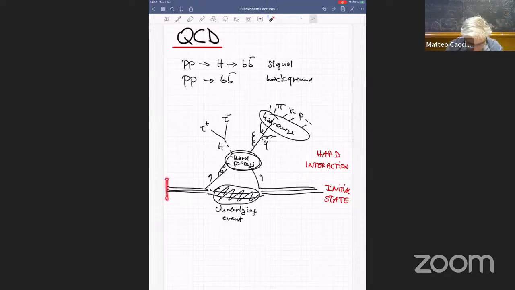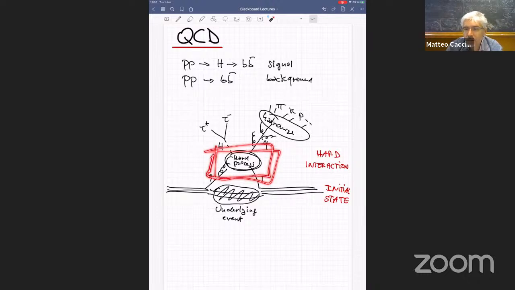Remember, the momenta here are of the order of 1 GeV, the scale of a proton. The proton size, 200 MeV, the proton mass, 1 GeV. This is, in a sense, low energy physics from the point of view of the LHC. What happens here is high energy physics.